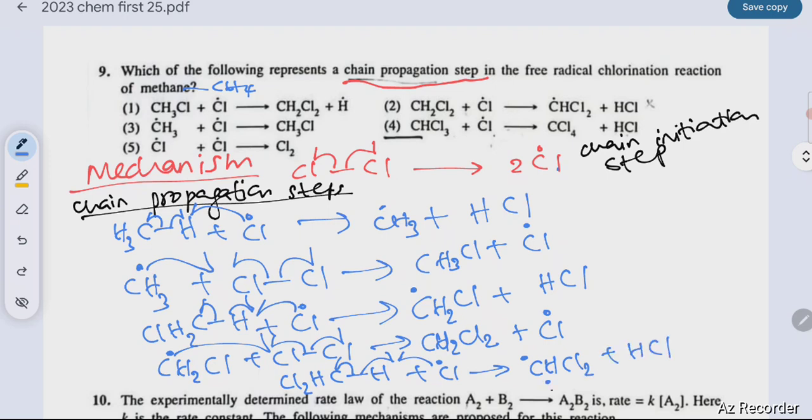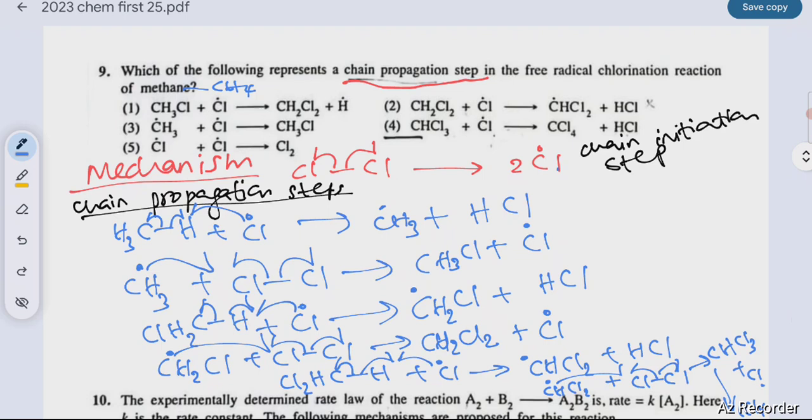Then this dot CHCl2 plus again a chlorine bond, right? Again this will form CHCl3 plus Cl dot. So likewise it will continue until it becomes CCl4, right?